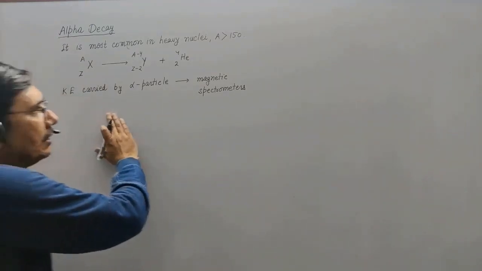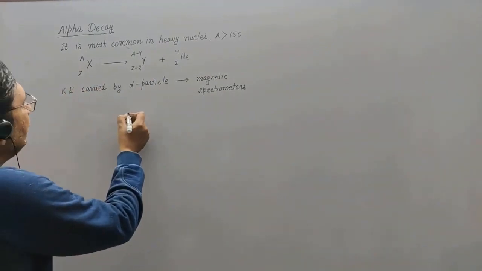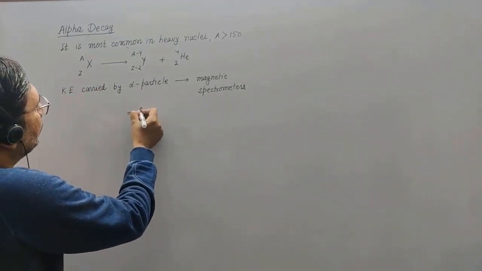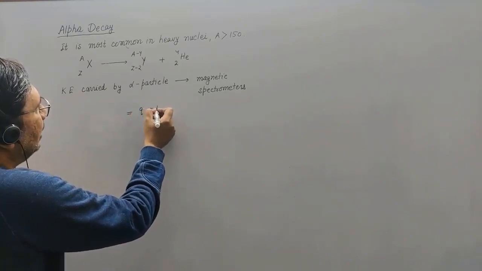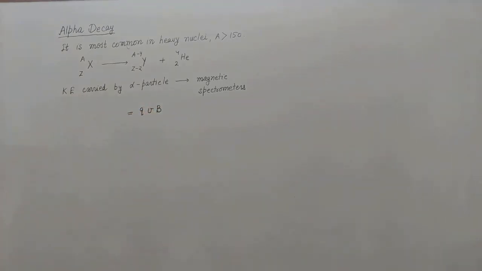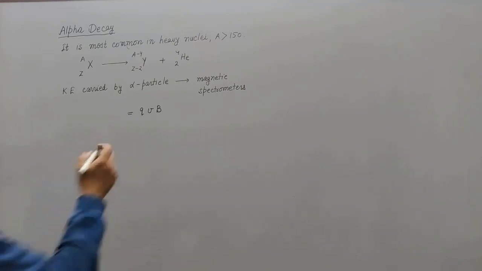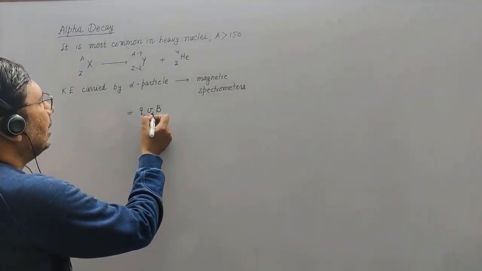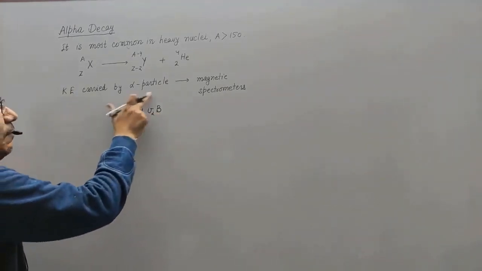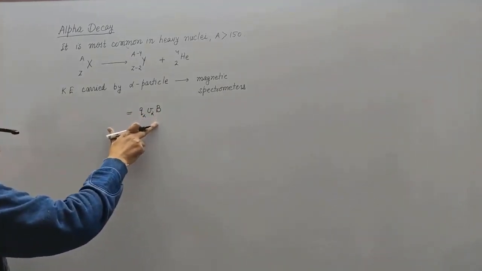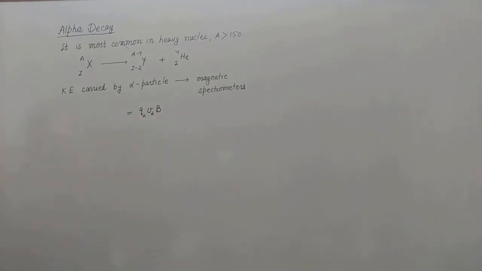When this alpha particle is passing through the magnetic field, it will experience a force QVB. B is the externally applied field, Q is the charge on the alpha particle, V is the velocity of the alpha particle. You can even write this as Q alpha, V alpha, and B. Under the influence of this force, the alpha particle will take a curvature.